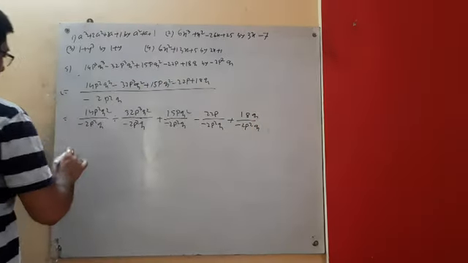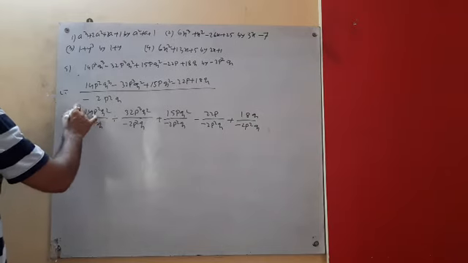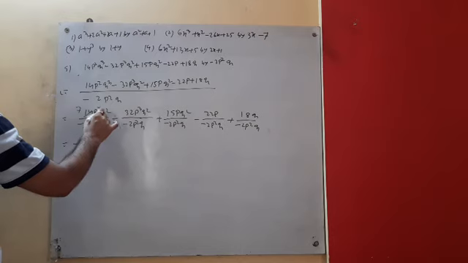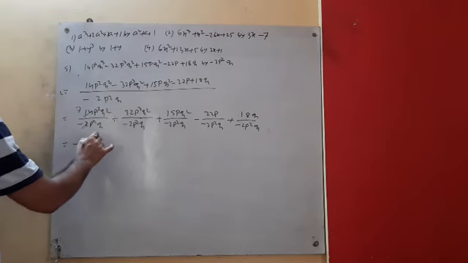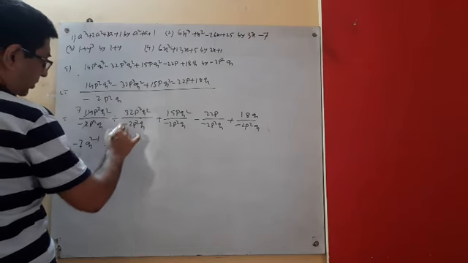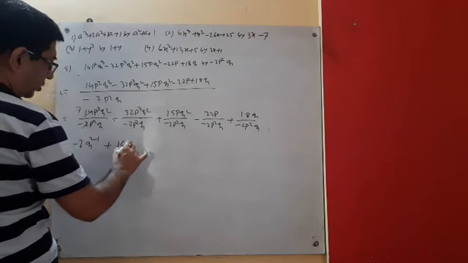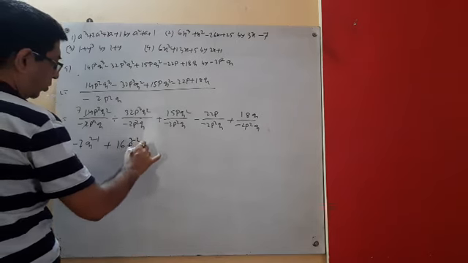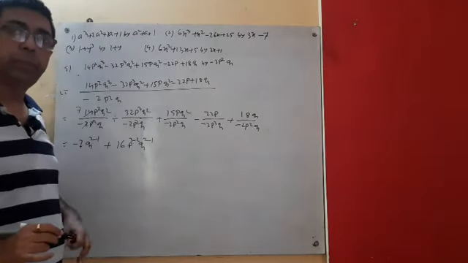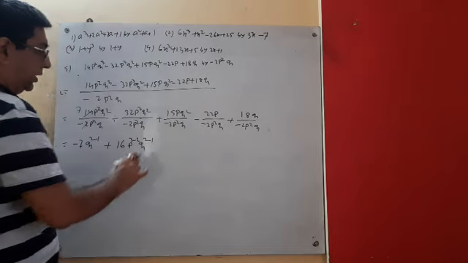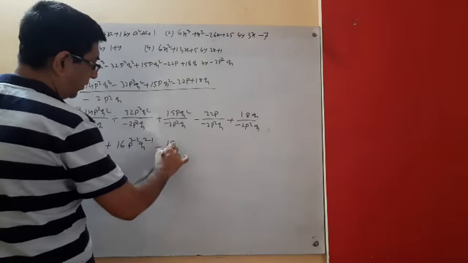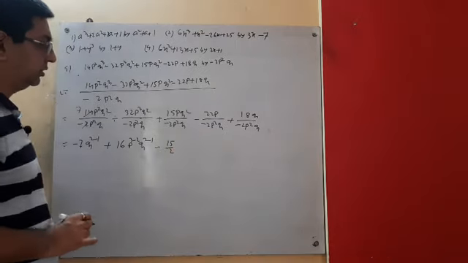Now 2 sevens are 14, so minus 7, p square cancels, q square, that is q to the power 2 minus 1. This is minus minus plus. 2 16s are 32, p square cancels, p to the power 3 minus 2, q to the power 2 minus 1, because in case of division, powers should be subtracted. Then plus 15 by 2, we have to keep 15 by 2 because there is no other factor.